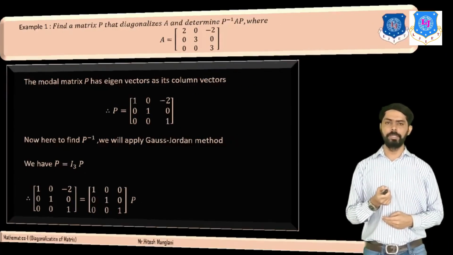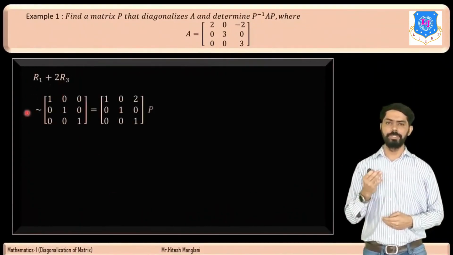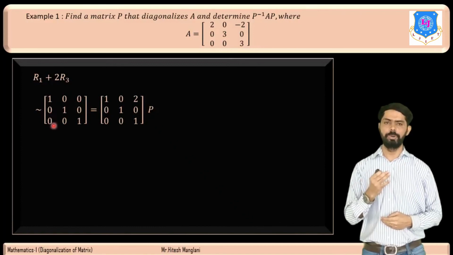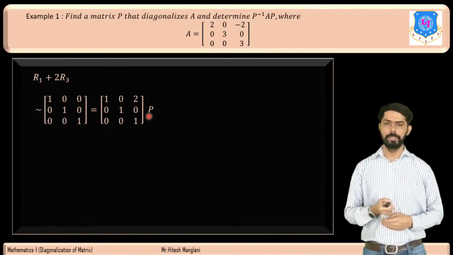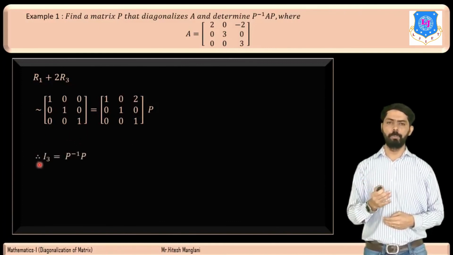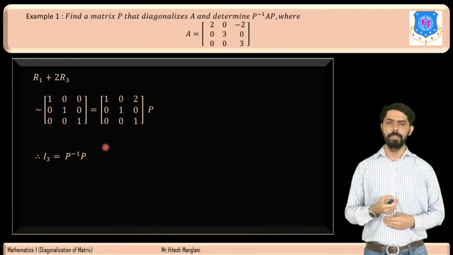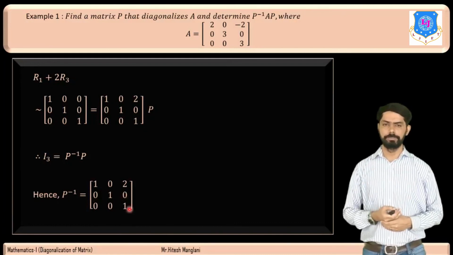So after applying the row operation R1 plus 2R3, the matrix will be [1 0 0; 0 1 0; 0 0 1] is equal to [1 0 2; 0 1 0; 0 0 1] into P. So if we compare this with I3 is equal to P inverse into P, here P inverse will be [1 0 2; 0 1 0; 0 0 1]. So this is the inverse of matrix P.